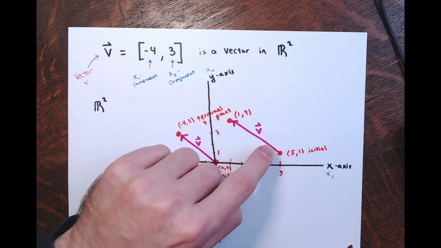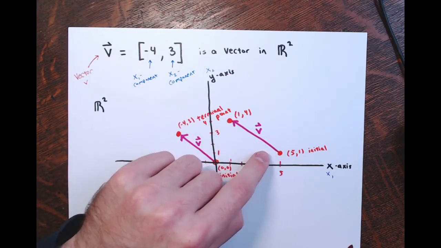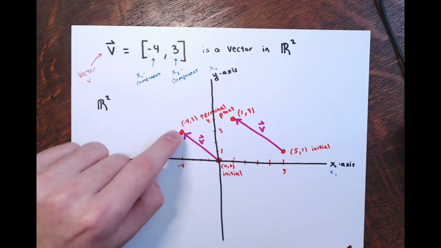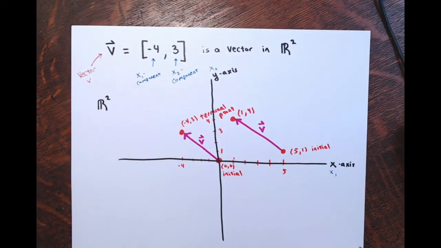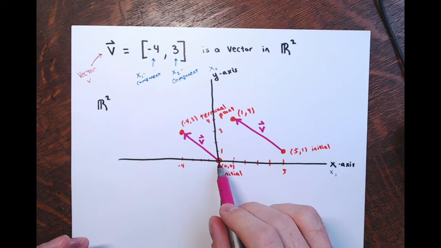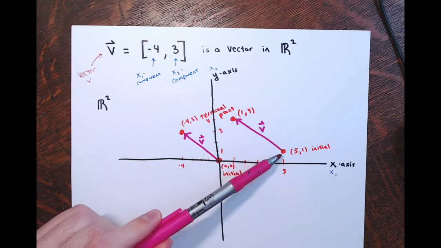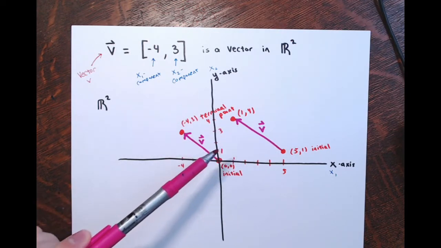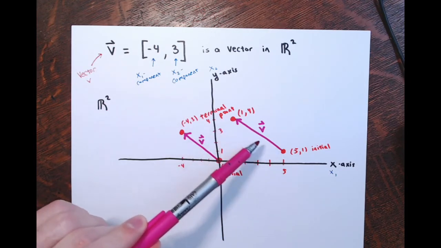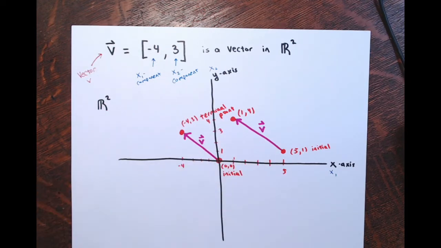Both of these vector v's I've drawn are left 4, up 3. But again, if the initial point is the origin, then this vector is said to be in standard position, and it is called a position vector. This one over here that starts at the point 5, 1 is the same exact vector. It's just not starting at the origin. That's the only difference.